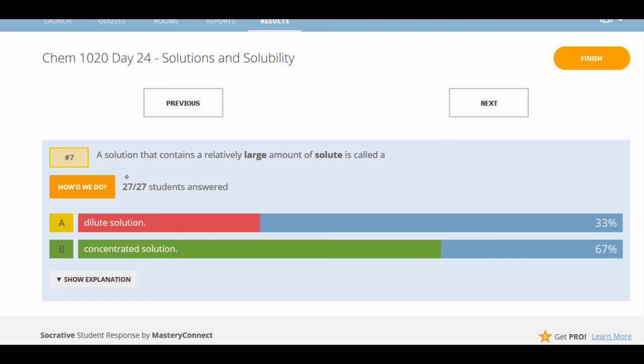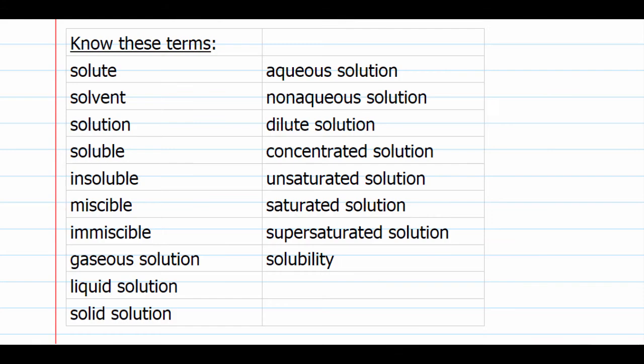Now, the next three terms here are ones that I'm going to demonstrate, and we're actually going to provide some definitions for these. We're going to start by looking at a definition for a saturated solution.